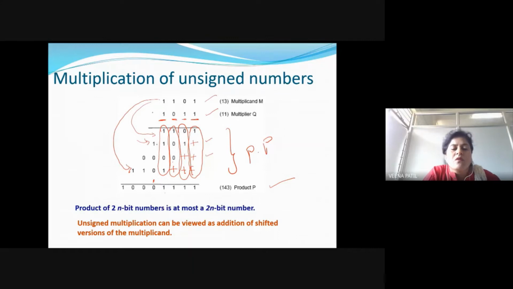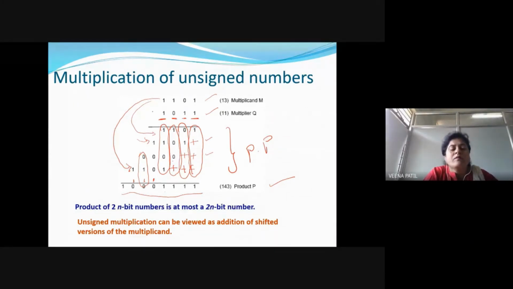Now 1 plus 0 plus 0 plus 1 is 2, which is written as 1, 0. Similarly, when I perform this, I get 1, 0, and when I add 1, 1, I get 1, 0. So this is how we normally perform multiplication.